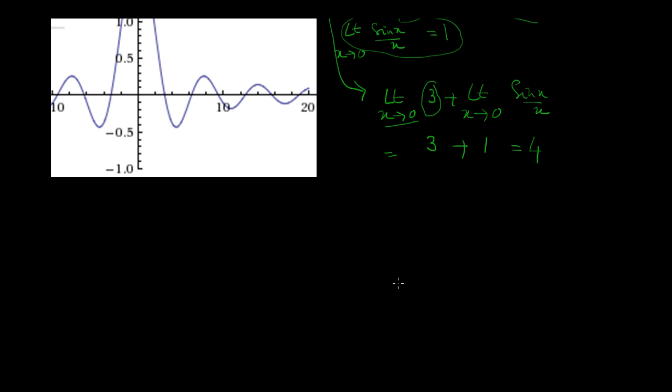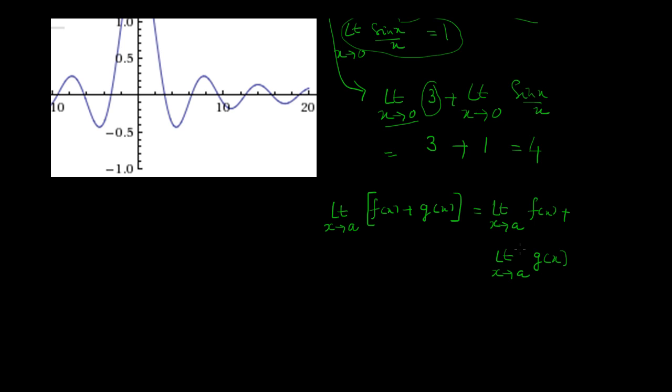We can extend and write a first property of limit as limit x tends to a, f of x plus g of x can be written as limit x tends to a, f of x plus limit x tends to a, g of x.